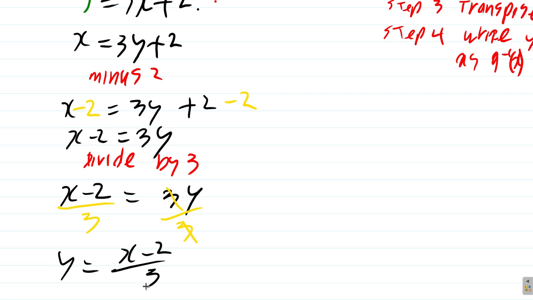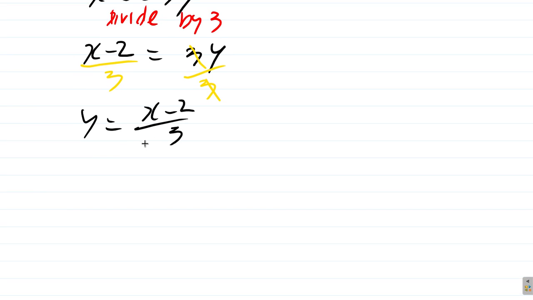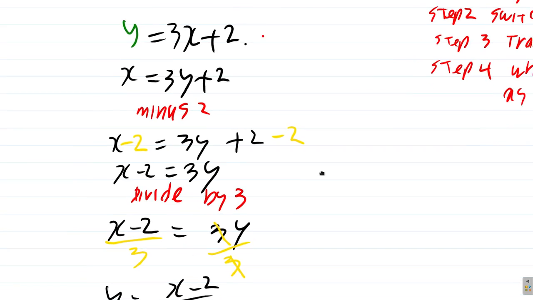So you see that. You change this and say g inverse of x is actually (x minus 2) over 3. Right? The inverse function.